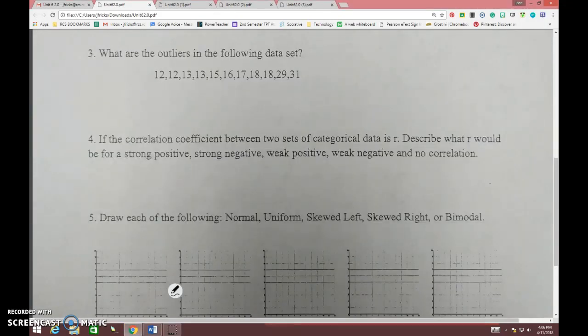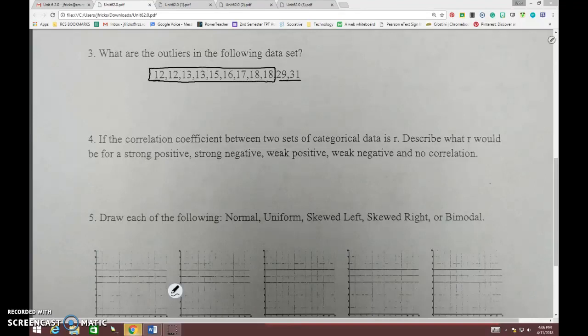Question number 3 wants to know what the outliers are in the following data set. The easiest way to determine this, there are equations, there are ways to go about it, but the easiest way I found is find the numbers that do not make sense. So when I look at this set of numbers, I see 12, 12, 13, 13, 15, 16, 17, 18, 18, and all of those numbers are relatively close together.